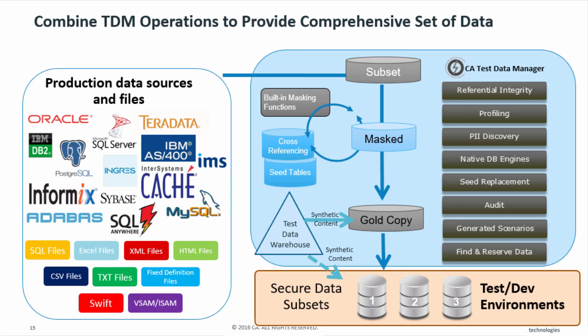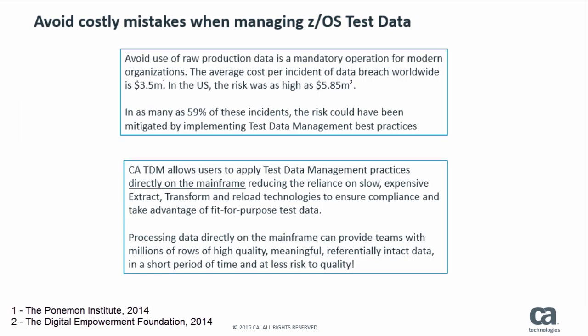So to summarize, to avoid costly mistakes when managing z/OS test data, avoid the use of raw production data. It's mandatory now. Legislation is coming into place that will significantly increase the fines. Previously, under other legislation, the average cost per incident of data breach worldwide has been in the region of 3.5 million.